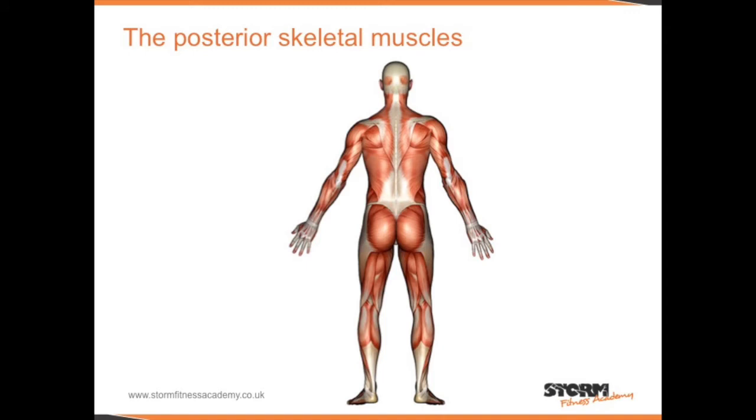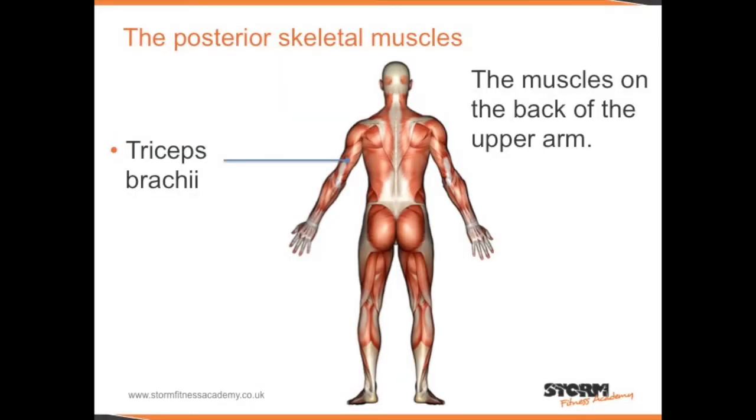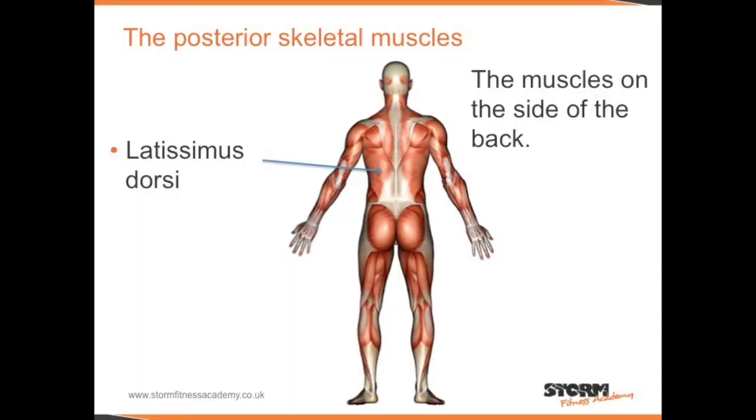Now we're going to look at the posterior skeletal muscles. These are the muscles that are found on the back of the skeleton. Triceps brachii. These are the muscles on the back of the upper arm. Latissimus dorsi.